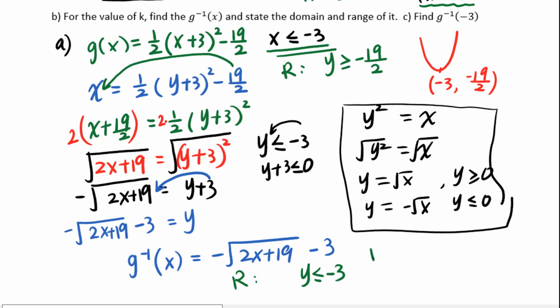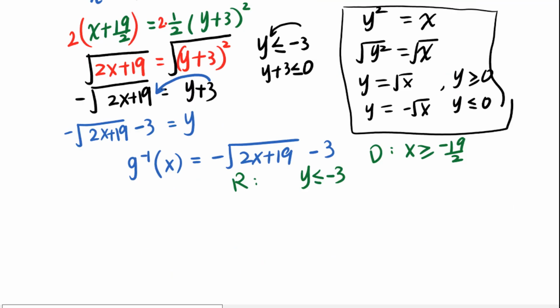So the domain of this inverse function will be x greater than or equal to negative 19 over 2. Or you can figure out the domain using this square root function. For the domain, we set up the radicand 2x plus 19 greater than or equal to 0. Solving, you get x greater than or equal to negative 19 over 2.